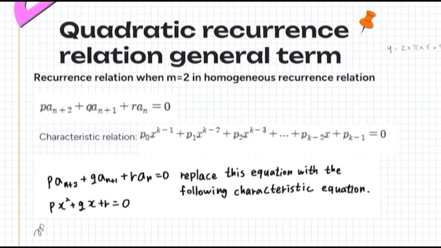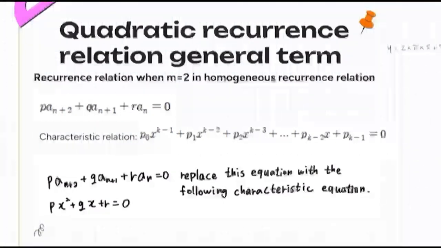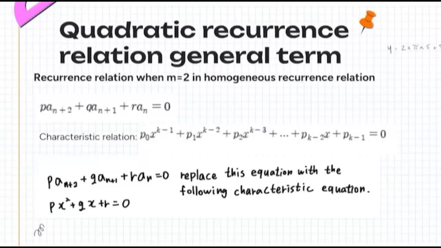If we express it as an equation, it's P a(n+2) plus Q a(n+1) plus R a(n) equals 0. And its characteristic equation is as follows. And we can also replace this equation with P x squared plus Qx plus R equals 0.